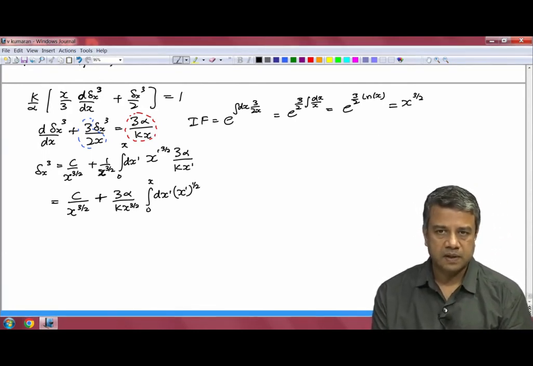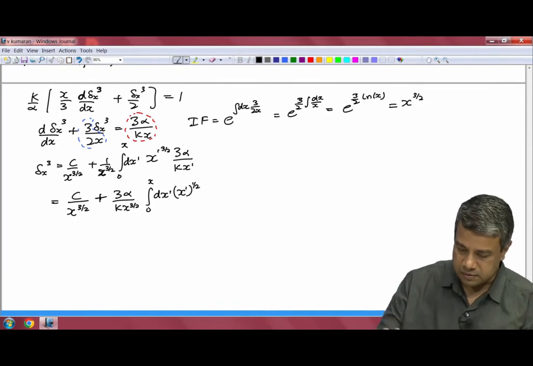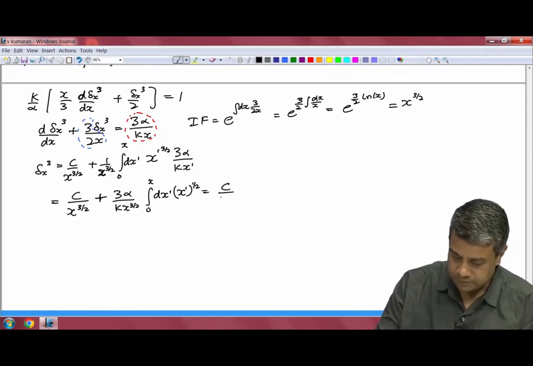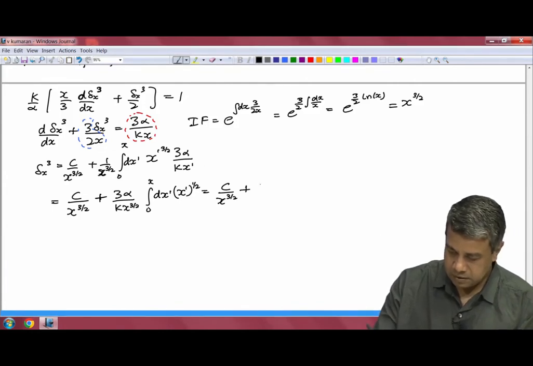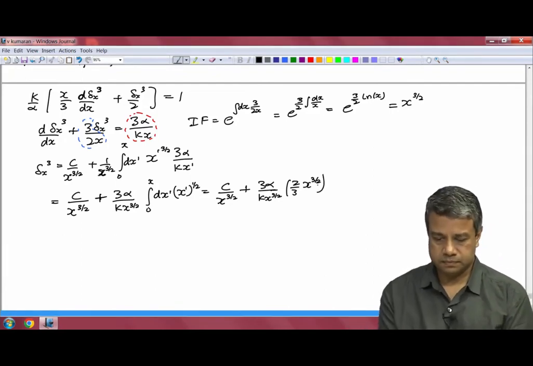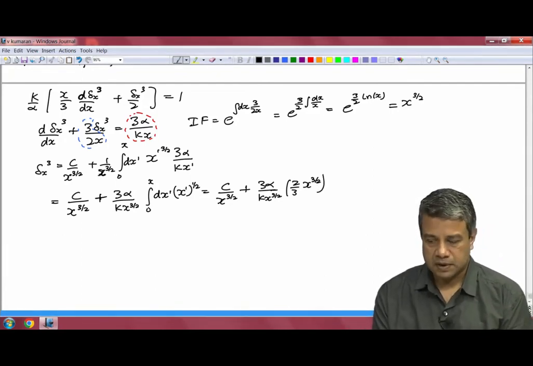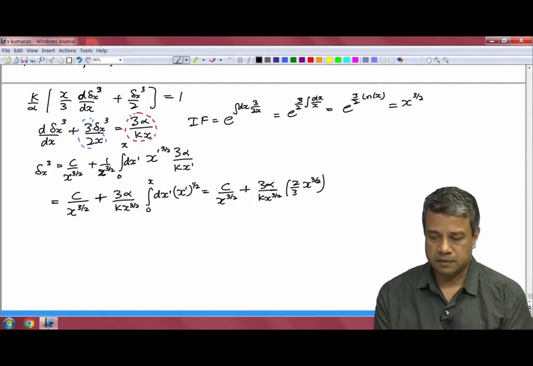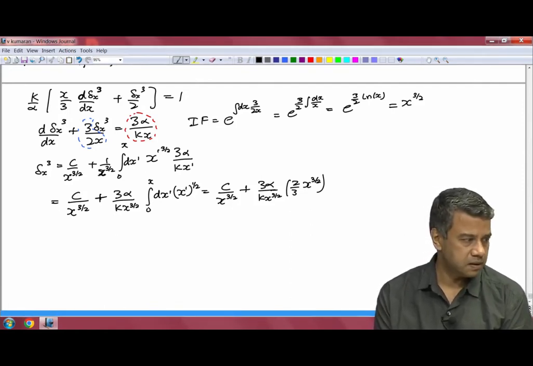Integral of x prime power half is x prime power 3 by 2 divided by 3 by 2. So, this is equal to 2 by 3 x power 3 by 2.